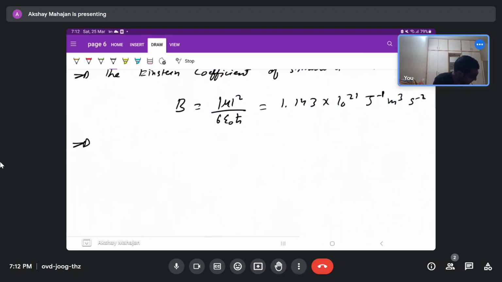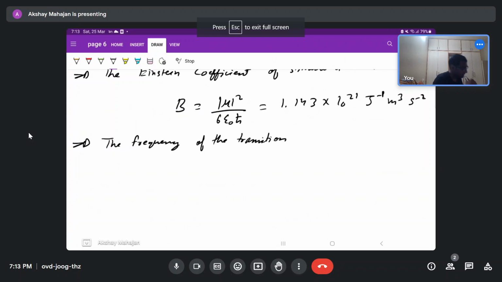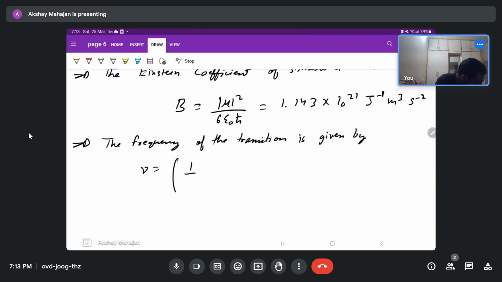So the frequency of the transition is 567 into 10 to the power 14 hertz, where this is just our variable constant.